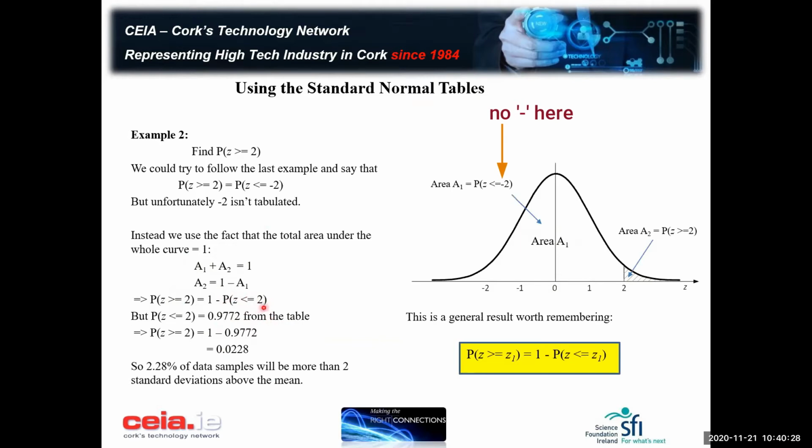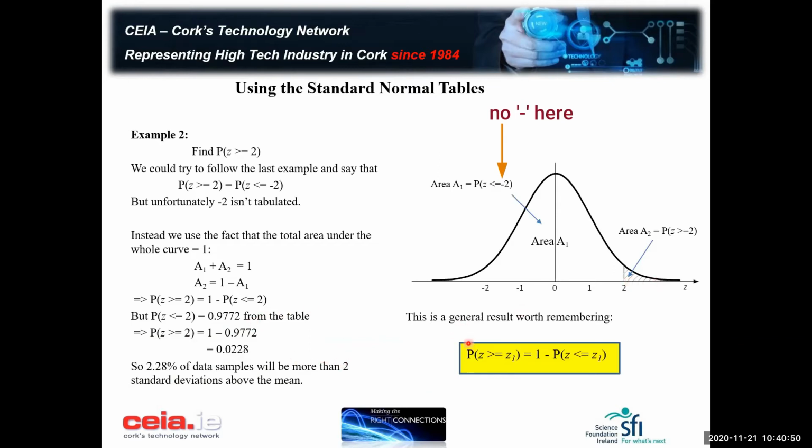And again, we had that value from the table. It was 0.9772. So the probability of Z greater than or equal to 2 is just 1 minus this tabulated value, which is 0.0228, which is saying that 2.28% of data samples are more than 2 standard deviations above the mean.